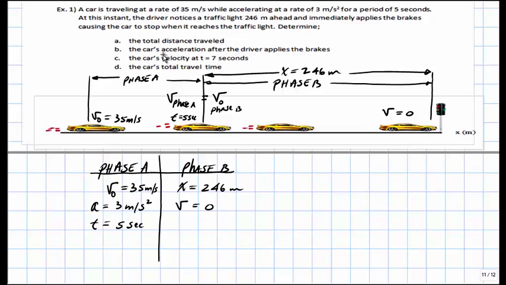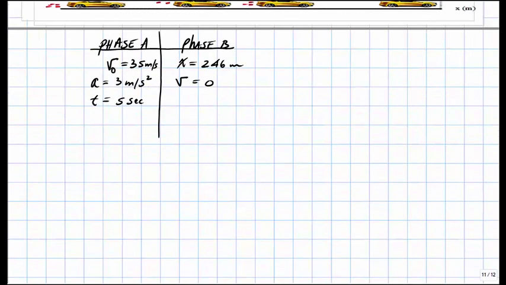Alright, so let's go about solving the problem. In Part A, we want to find the total distance traveled. And in order to do that, we have to consider the distance traveled within phase A, in other words, within the first 5 seconds, and also the distance traveled within phase B. And by the way, we already know that distance. It just so happens to equal 246 meters.